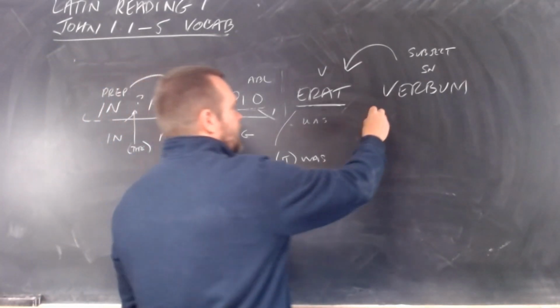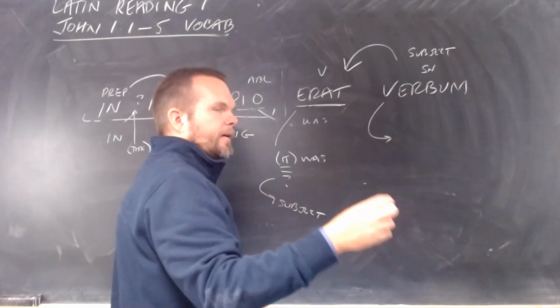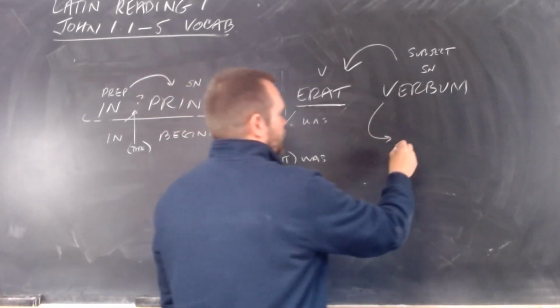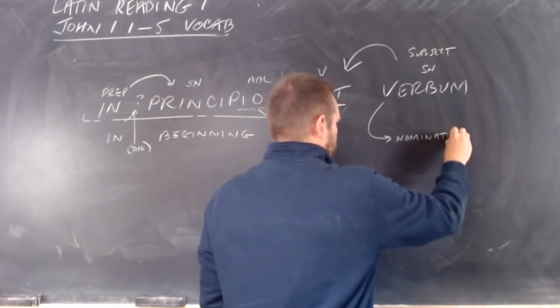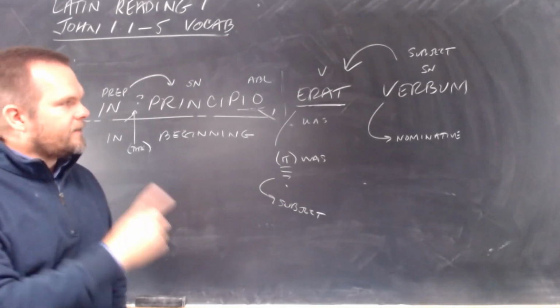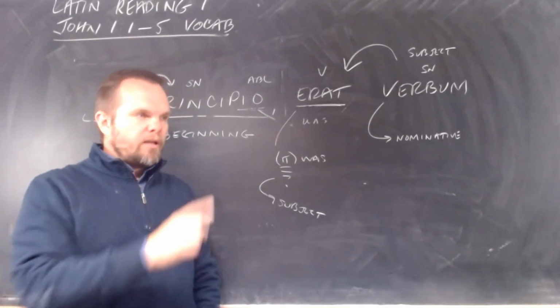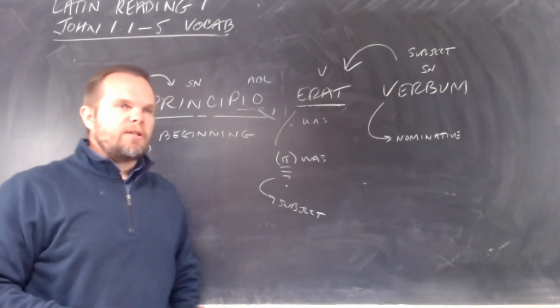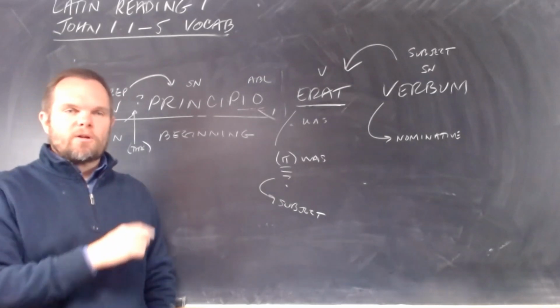Now, if you look up verbum in the dictionary, you'll find it, because verbum is the nominative form of that noun. That's the dictionary form. That's the name. If you look up principio in the dictionary, you won't find the word principio.